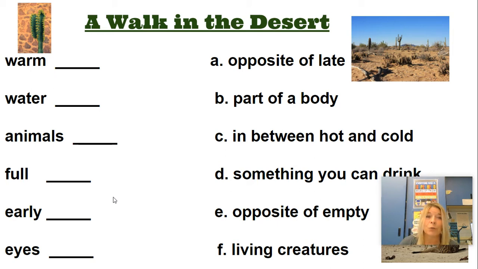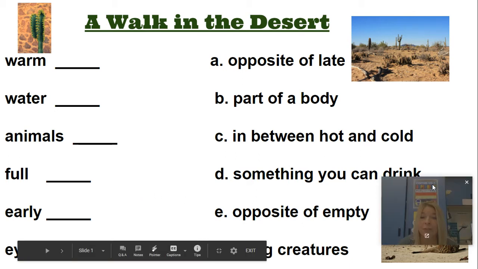So let's look at the first word, warm. On the side with the definitions, our choices are A, opposite of late. Is that what warm means? Doesn't sound right. Let's go to B, part of a body. C, in between hot and cold.